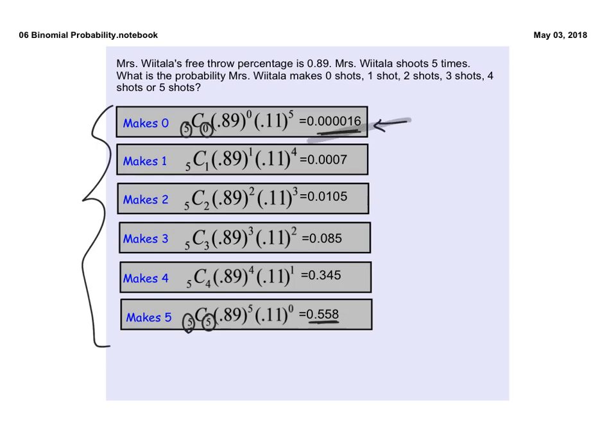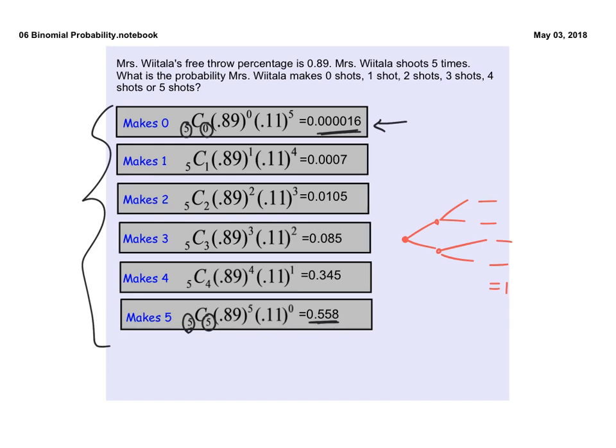So something we need to consider here is how these all relate. In a tree diagram, you could add up the probabilities of all of your branches, and they should total 1.